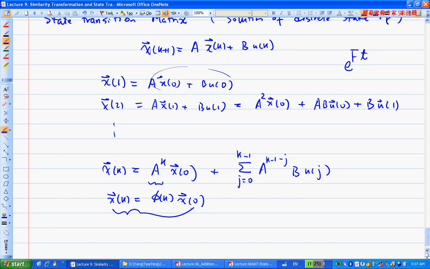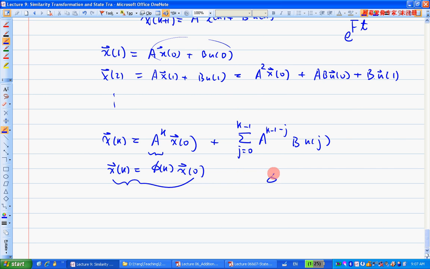So phi k equal to A to the k. This phi k is called the state transition matrix.